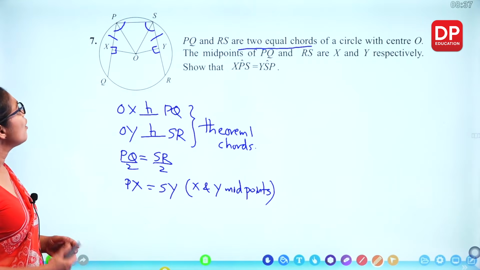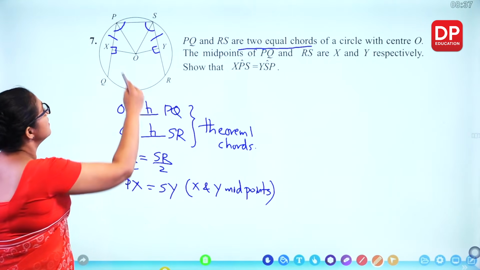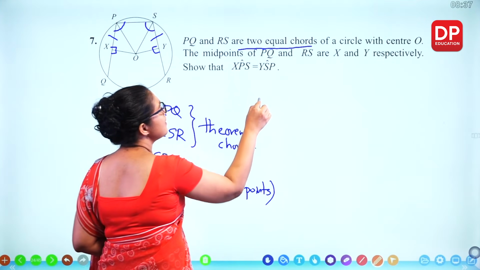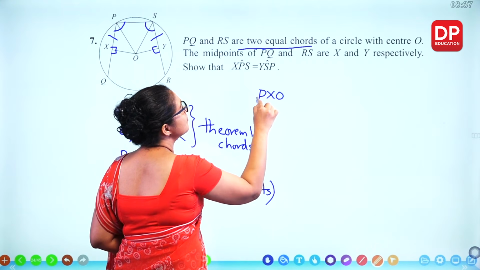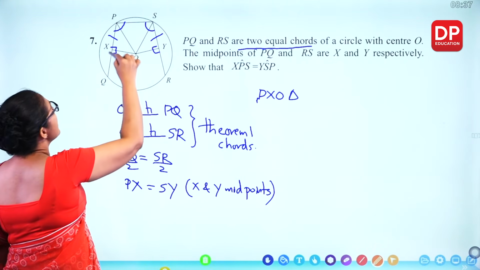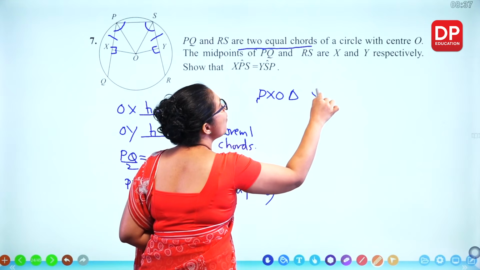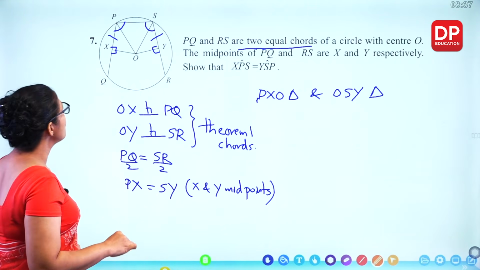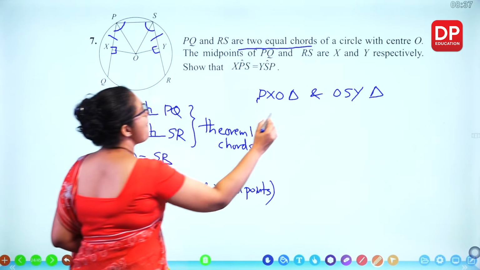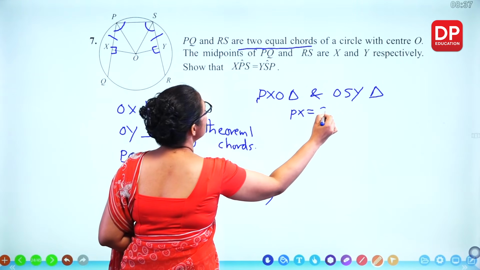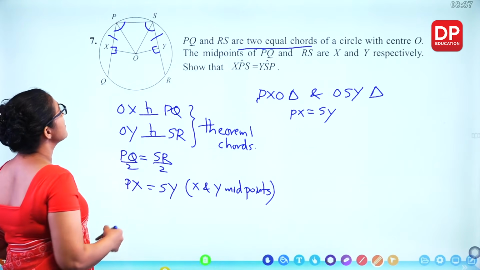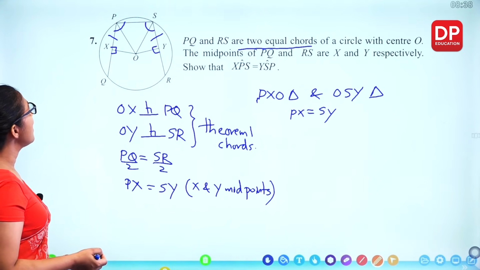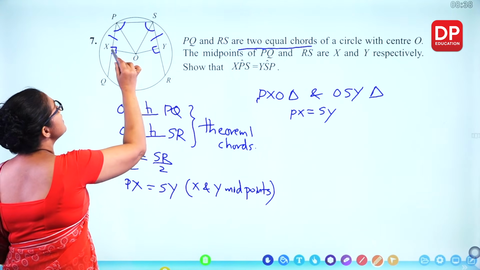So here now we'll look at these two triangles and see. So we'll take triangle PXO and triangle OSY. What do you know about those two triangles? We know PX is equal to SY, because those are midpoints. And also we know that this angle is 90 degrees.